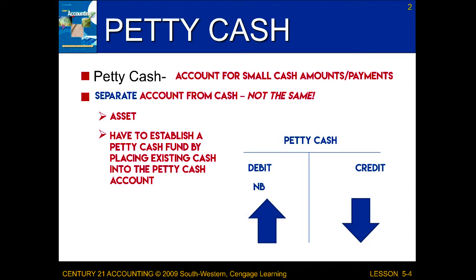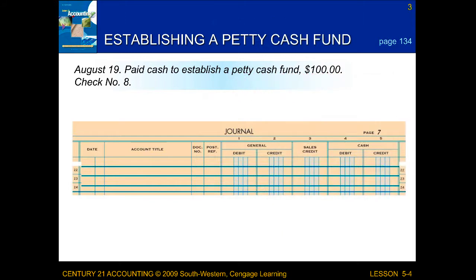What we have to do first before we can even use the petty cash account is establish it. We have to put money into that cash box, and that gets done by using your existing cash account and using that existing cash to put money into the petty cash account. So what we have to do accounting wise is journalize the establishment of the petty cash fund.